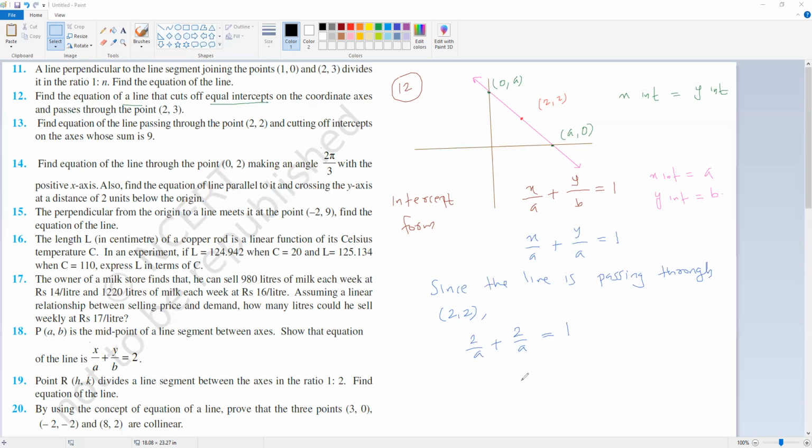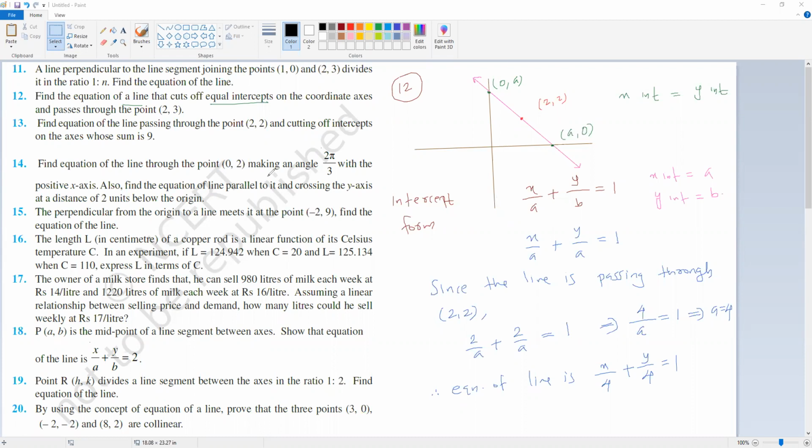So a is common, so that implies a common denominator, 2 plus 2, 4 by a is equal to 1. That implies, cross multiply, a is equal to 4. So therefore the equation of the line is x by 4 plus y by 4 is equal to 1.